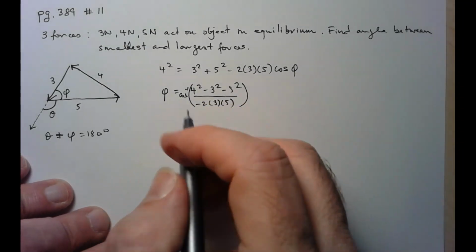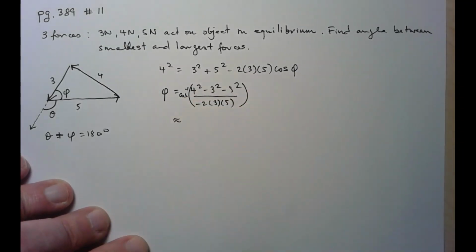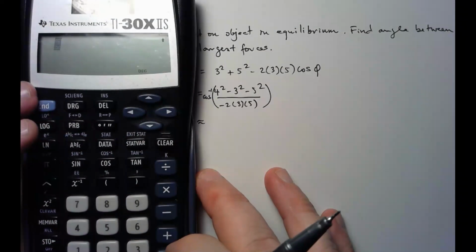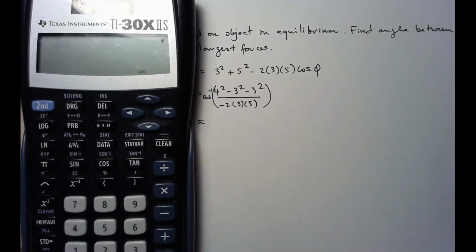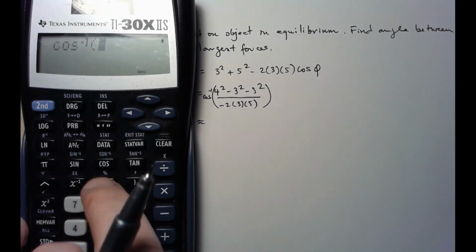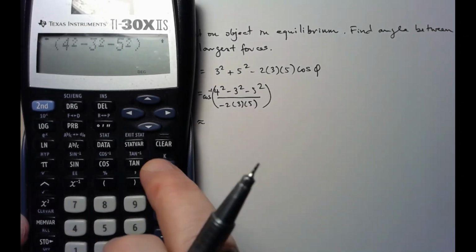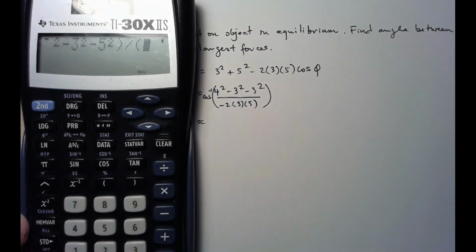All right, so here I'm going to find an approximation. You can do this in 2 steps, but I'm going to see if I can manage this in 1 step. So cos inverse, open a bracket for my numerator, 4 squared minus 3 squared minus 5 squared, close my bracket, divided by, open my bracket for my denominator, negative 2 times 3 times 5.